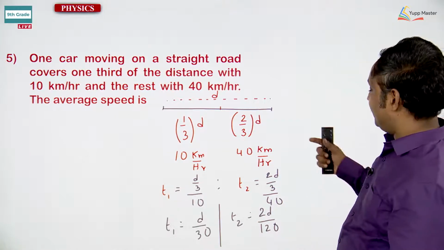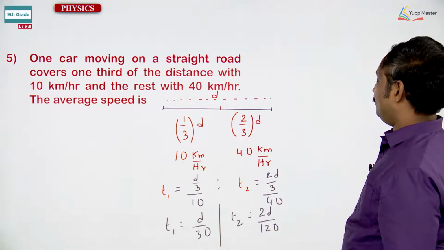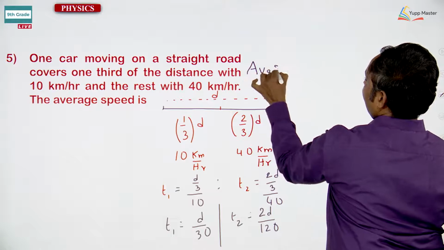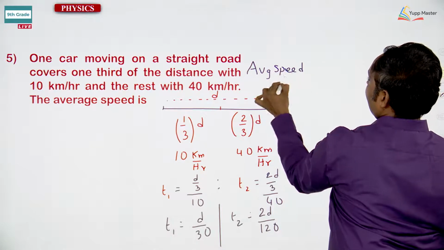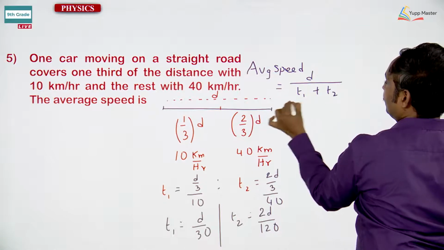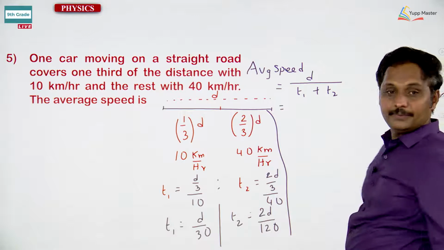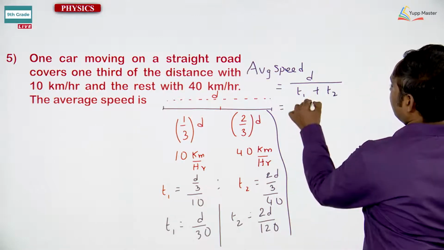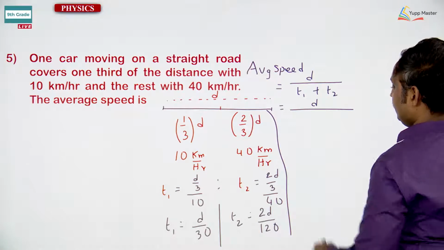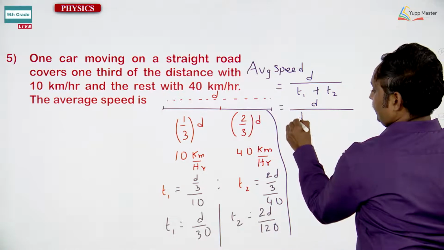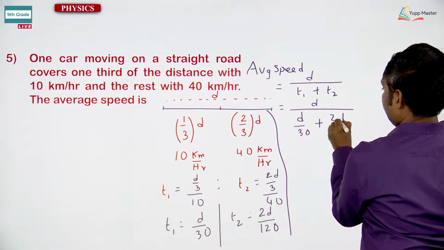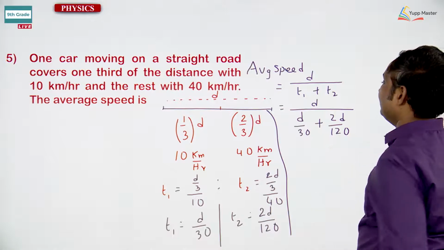We can take that very easily and substitute. The average speed is equal to d by t1 plus t2. You can easily find that. D by, what about t1? You will take d by 30 plus t2, 2d by 120.